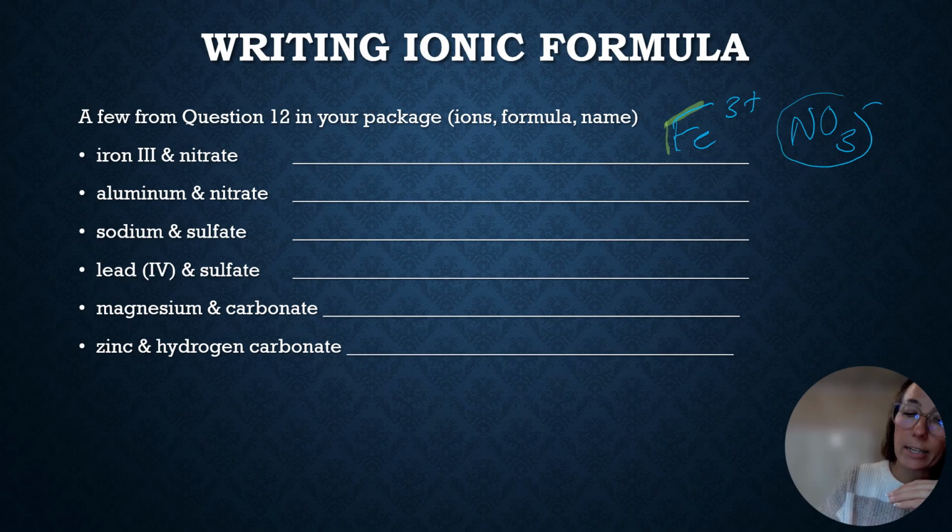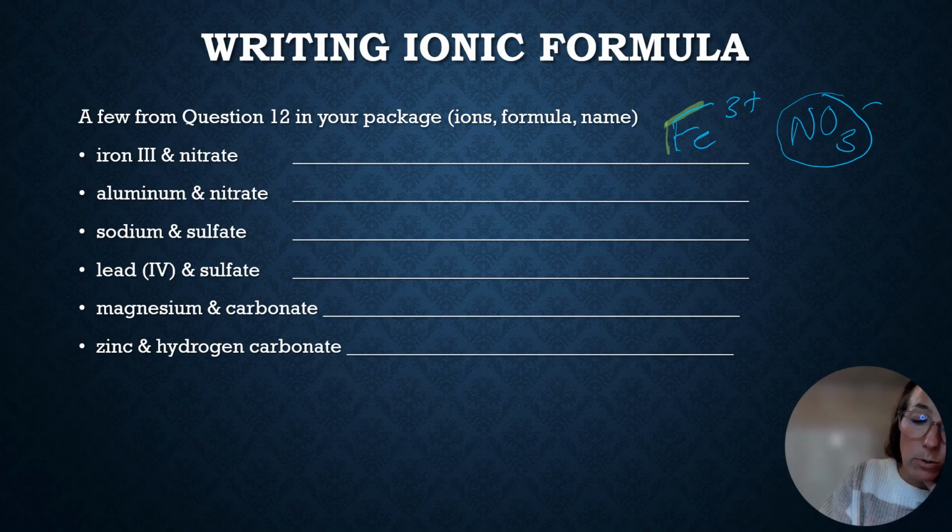This comes as a package deal. Please do not change it, ever. So I can't touch that. It comes as a package deal. Wrap it up in a package. I need 3 of these to balance out that Fe3+.